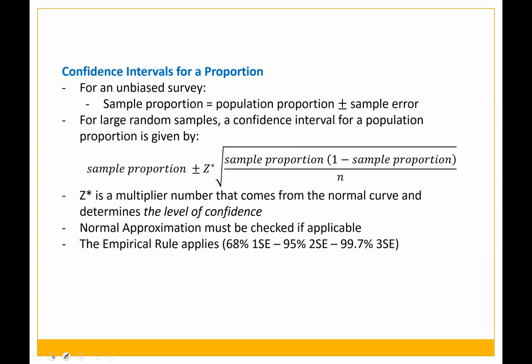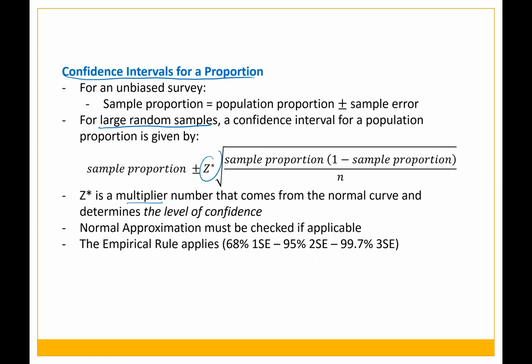Now we have two smaller parts when it comes to confidence intervals, starting with proportion. If you want to find the confidence interval for a proportion with an unbiased survey, the sample proportion is the population proportion plus or minus the sampling error. For large random samples, a confidence interval for a population proportion is given by the sample proportion plus or minus z star times the standard error, with z star being the multiplier from a normal curve that determines the level of confidence.